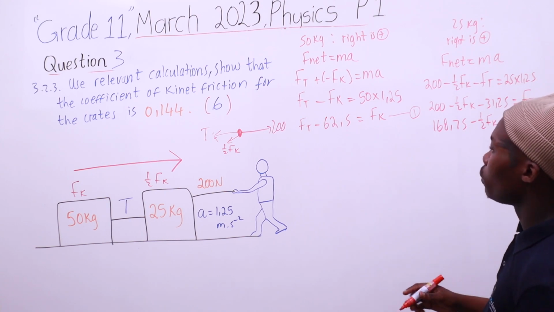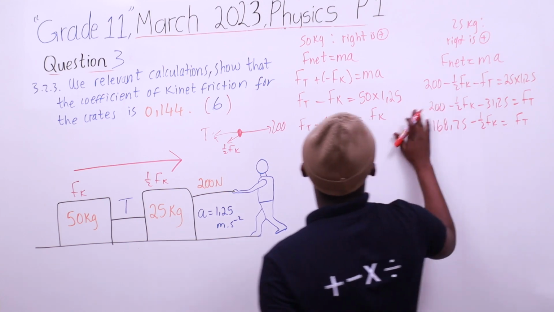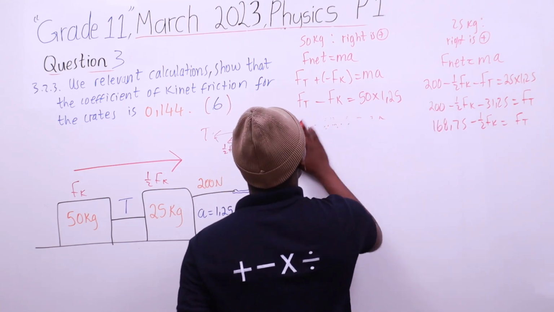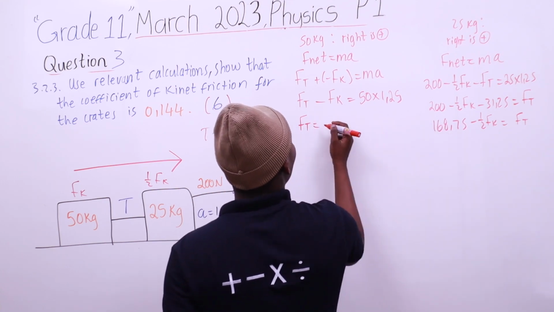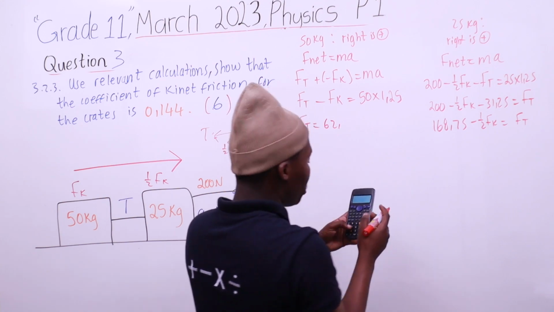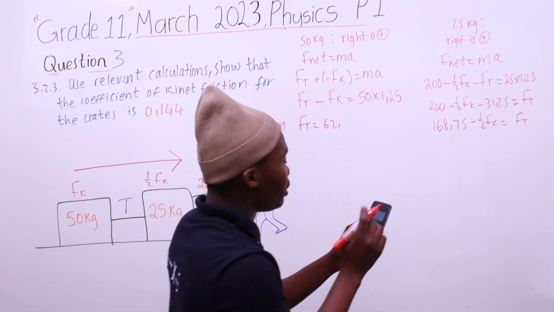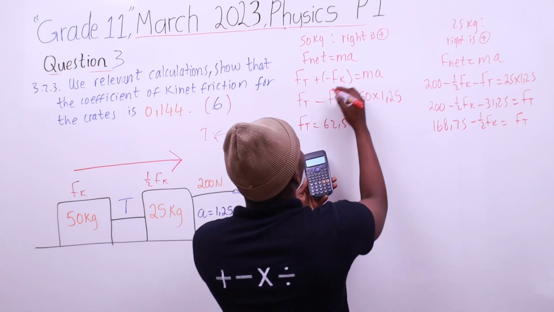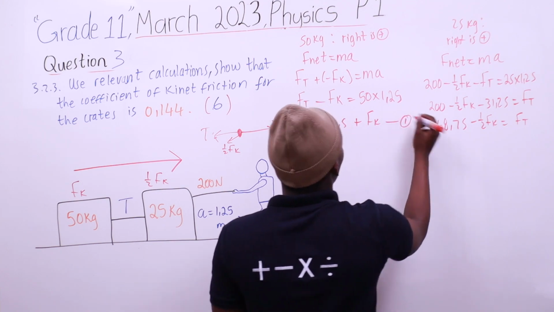Yabo? So what we could do lana, let's not make this equation 1. Asenze kube ft is such a sort of formula. ft khona bezofana nala. ft uzoba 50 times 1,25, 62,5 and then plus fk is your equation 1.